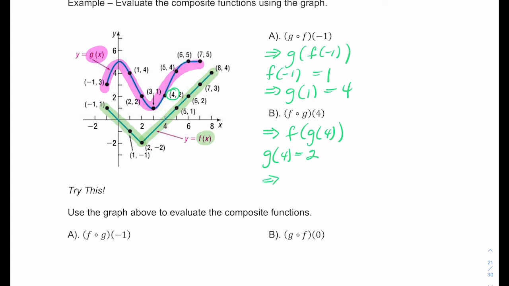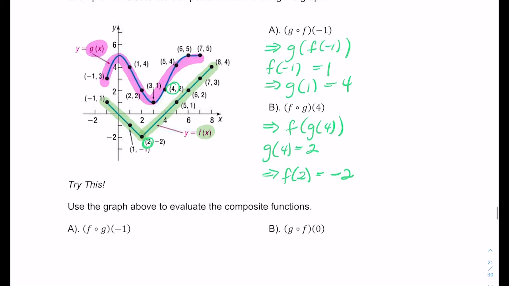And now I want to find f of 2. So I'm going to look at my green graph. And I'm going to find where x is 2, which is right here, and the y value is negative 2.